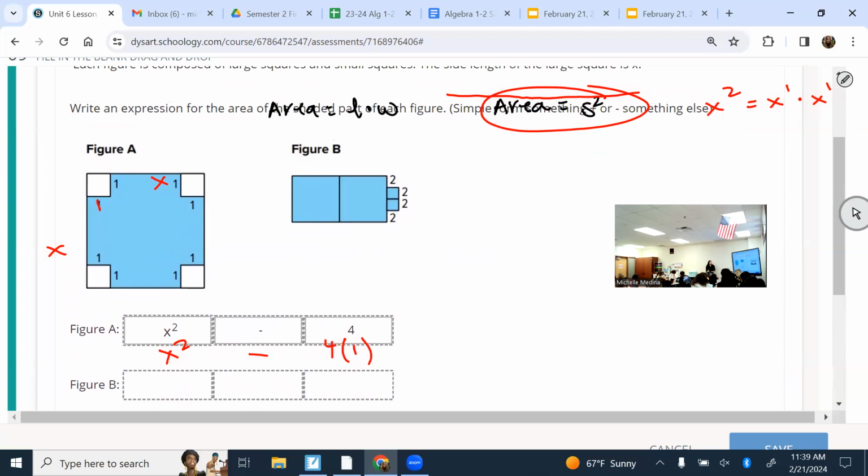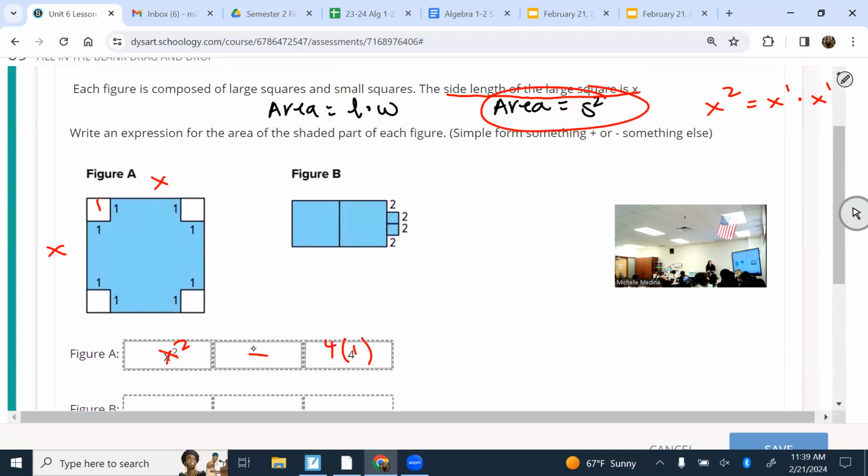Now the other one. Keep in mind, they're considering these as the large squares. They told us earlier that the side length of the large square in each diagram is X. So I have X times X, what's the area of this first square? X squared, and I happen to have 2 of them.